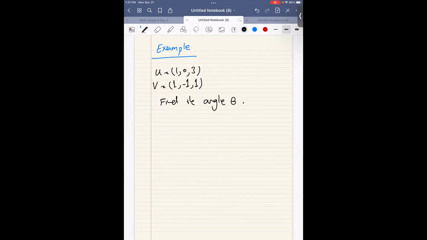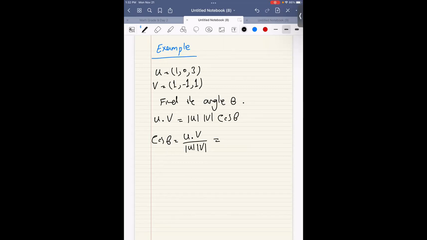So how to find it? We know that u dot v is the magnitude of u times the magnitude of v times cosine theta. So cosine theta is equal to u dot v over magnitude of u times magnitude of v.